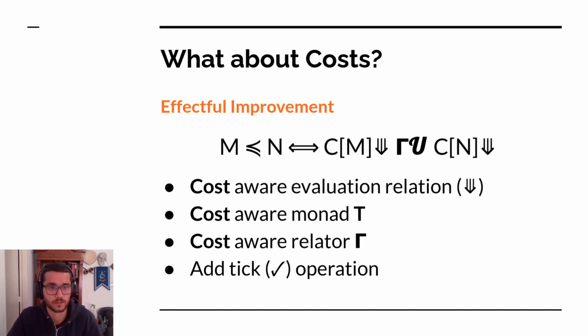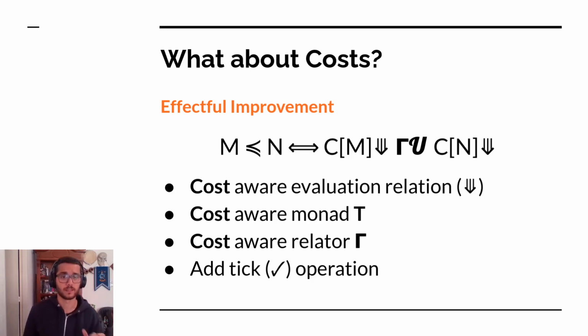So what about cost? Following the same idea proposed by Sands, we just add cost as an observable effect. In order to do that, we need a cost-aware evaluation to compute the cost needed to evaluate a term, a cost-aware monad to keep records of the cost required, and a cost-aware relator gamma capable of comparing effectful values with their costs.